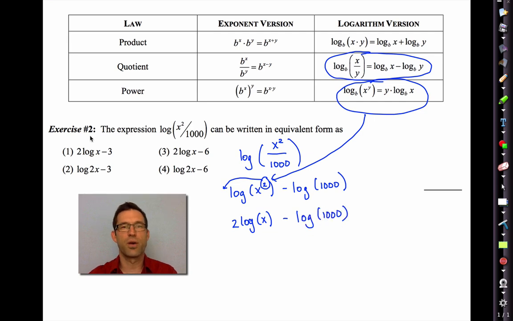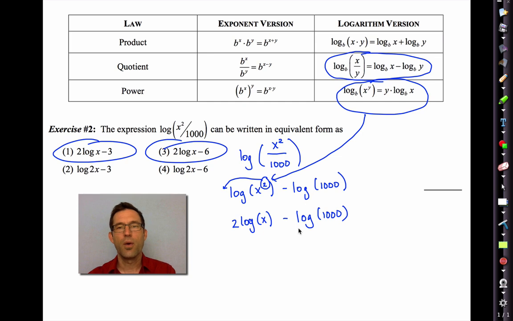And again, if that's one of my choices, awesome. I got two choices that look kind of similar, these two. Now, which one's right? Well, that really boils down to this. What is the log of 1,000? Remember, that's the log base 10 of 1,000. So what do I have to raise 10 to get 1,000?